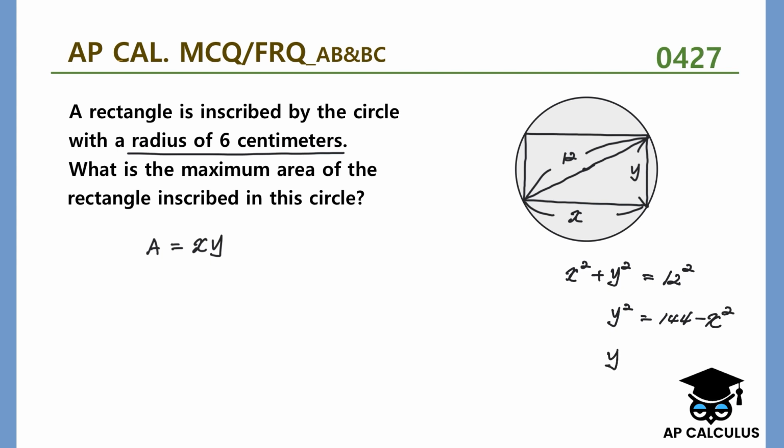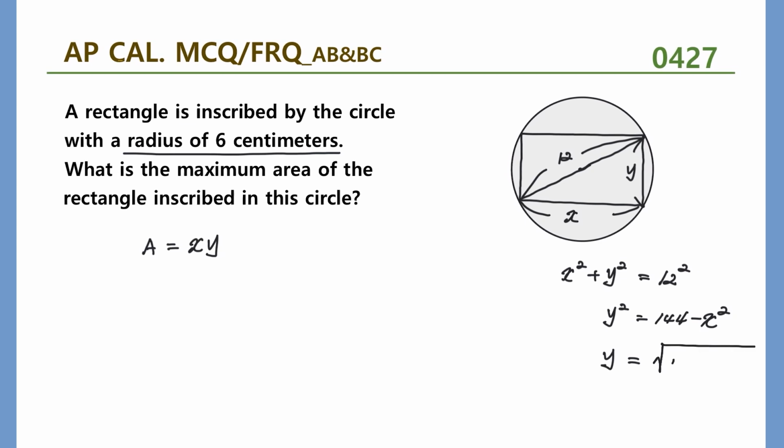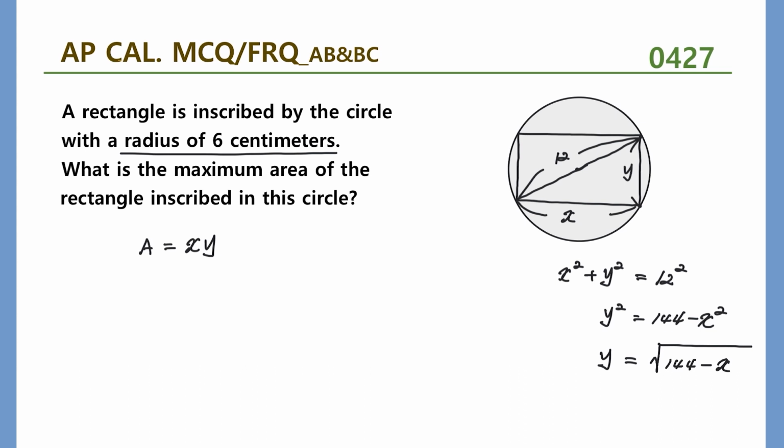Then what is y? y must be positive, since y is the width of the rectangle. So y is equal to the positive square root of 144 minus x squared. So far so good. Now substitute this square root for y right here.